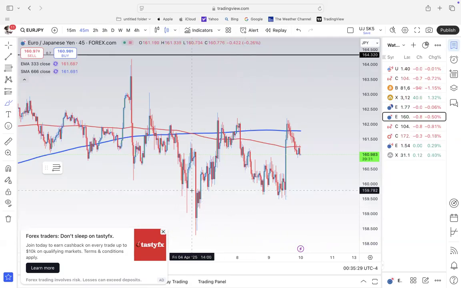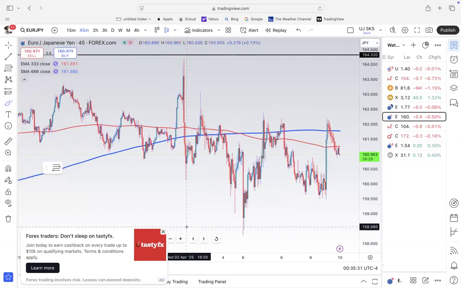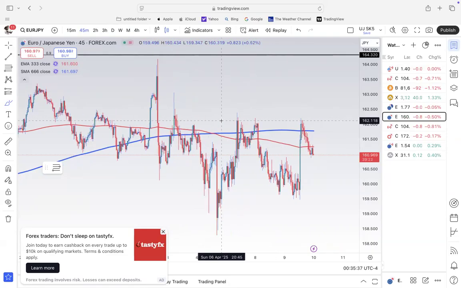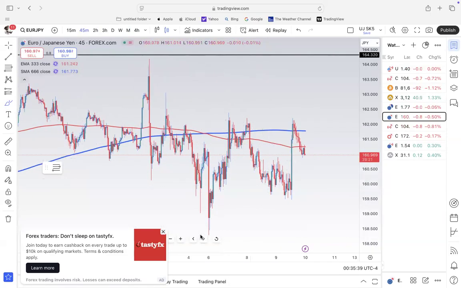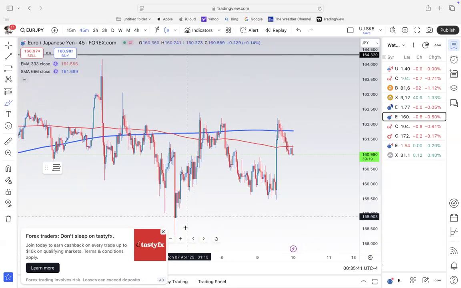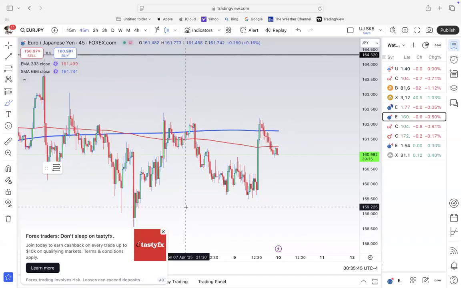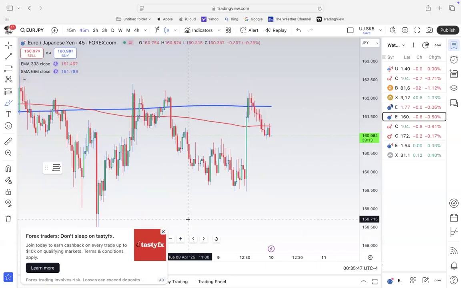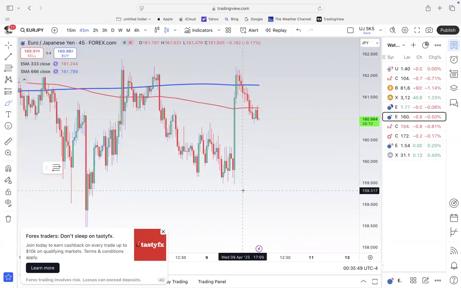And because it's not as volatile all the time as something like gold or Bitcoin, you can get pretty good spreads, but more importantly, the trade is going to be slower. So it can take longer for that move to happen.